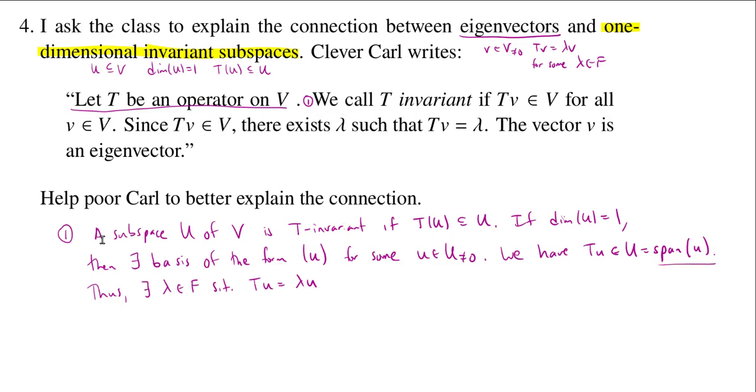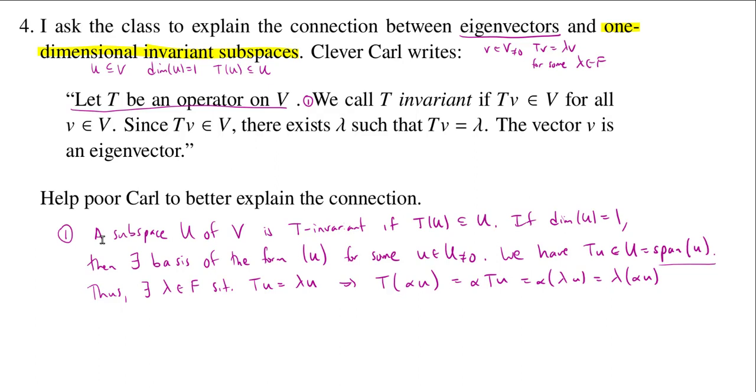Once you know that Tu is equal to lambda u, now if you take any multiple of u, say some alpha u, this will be alpha Tu, which will be alpha times lambda u, which will be the same as lambda times alpha u.